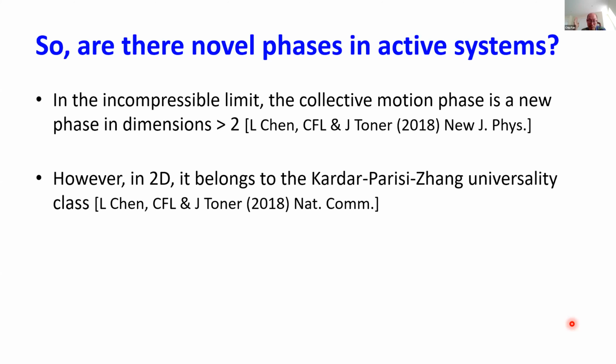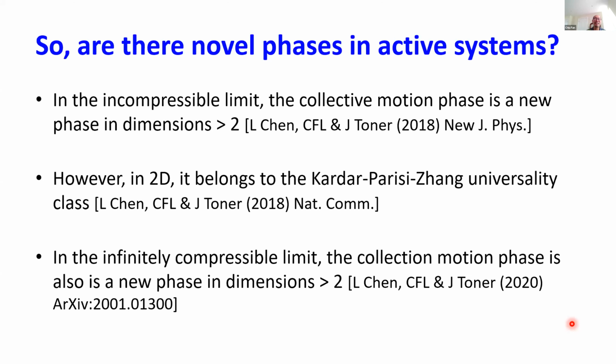So we have one new phase, but that's not all. In fact, if we take the previous active fluid model to the other extreme, the infinitely compressible limit, i.e. you say the density field is completely decoupled from the momentum field, because the momentum field doesn't care how compressed a local region is, then this model can again be solved using the renormalization group method.